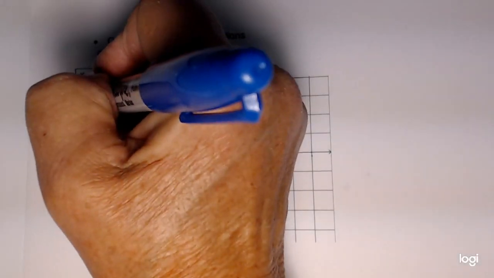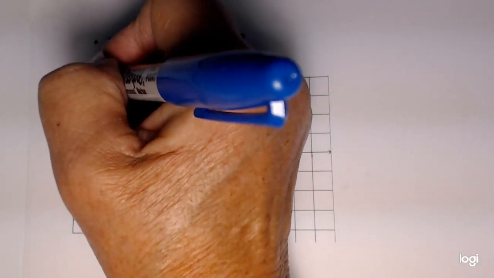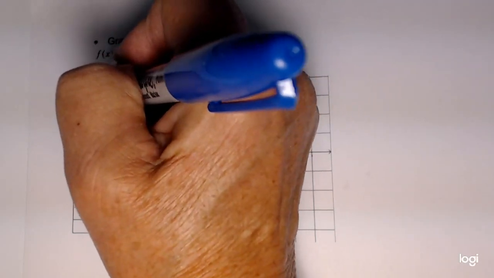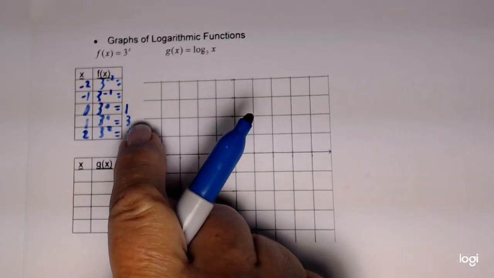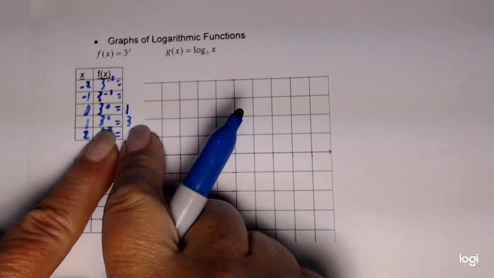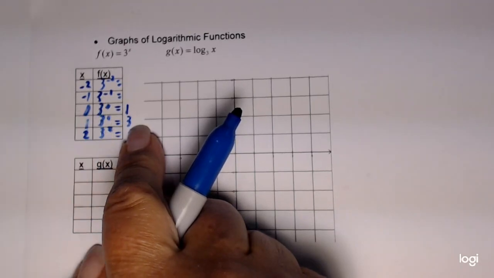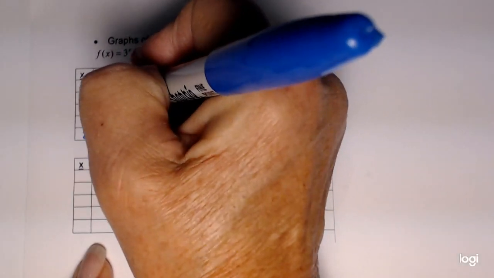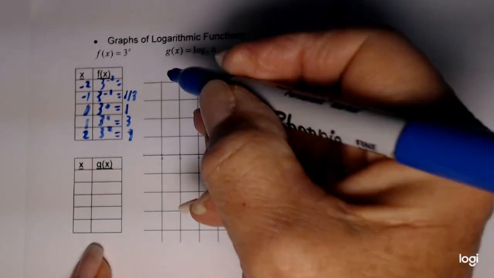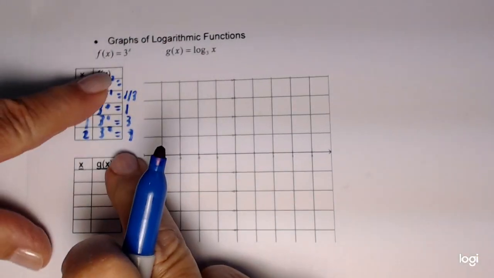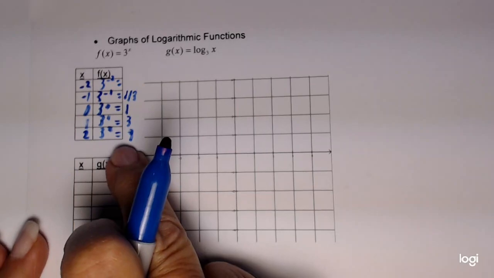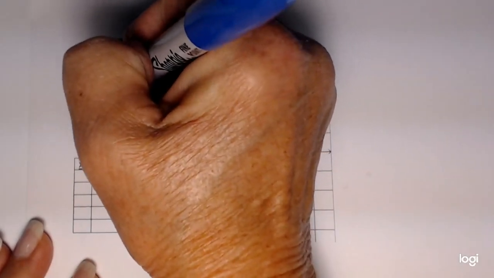And now for our negative exponents, 3 to the -1, 3 to the -2, we take its positive partner. So 3 to the first is 3. 3 to the -1 is going to be the inverse of that, or 1/3. And 3 to the -2 is the inverse of 3 squared, which is 9. So this would be 1/9.